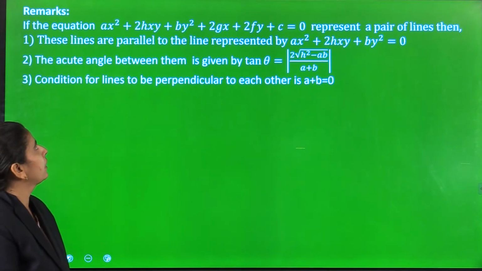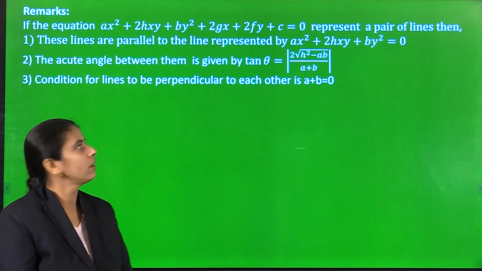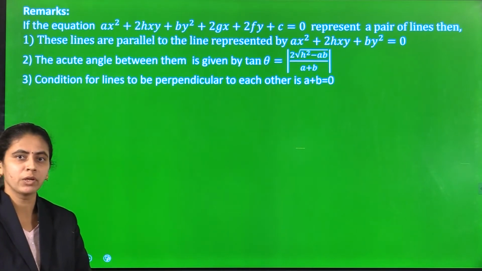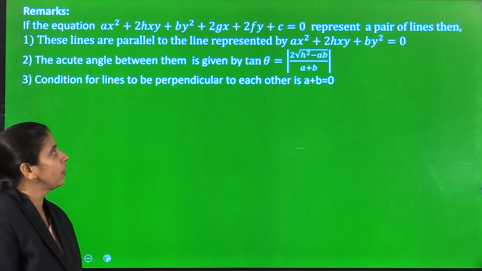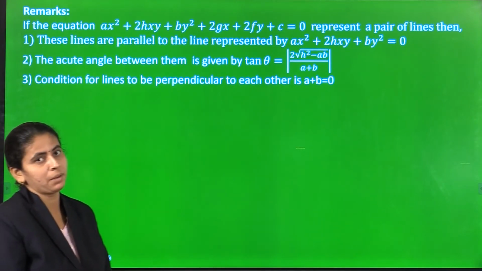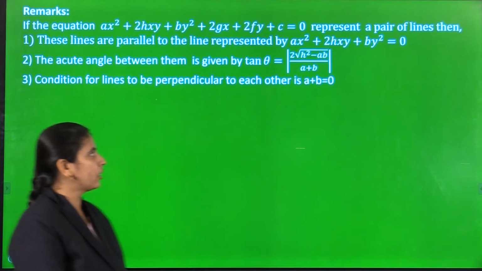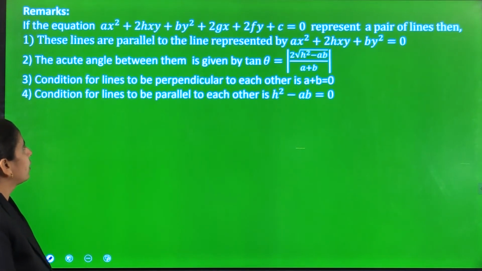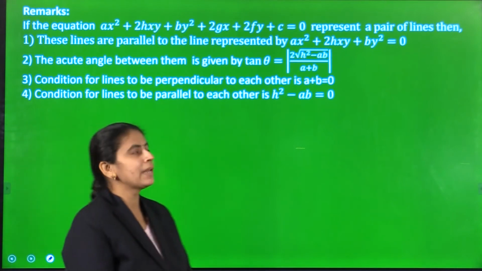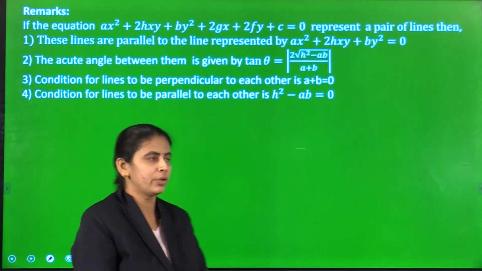If ax square plus 2hxy plus by square plus 2gx plus 2fy plus c equal to 0 is the equation of a pair of straight lines, and if a plus b equal to 0, then the two lines are perpendicular to each other. This is the third condition. The lines are parallel to each other if h square minus ab is equal to 0.